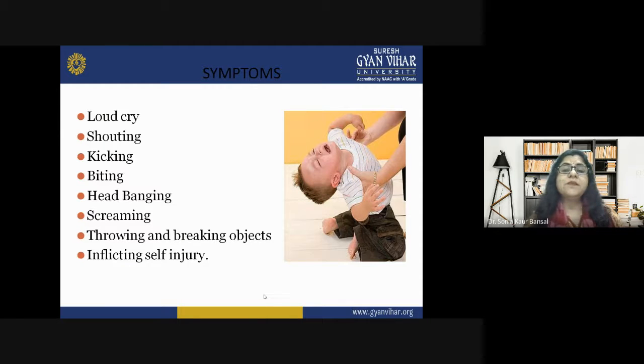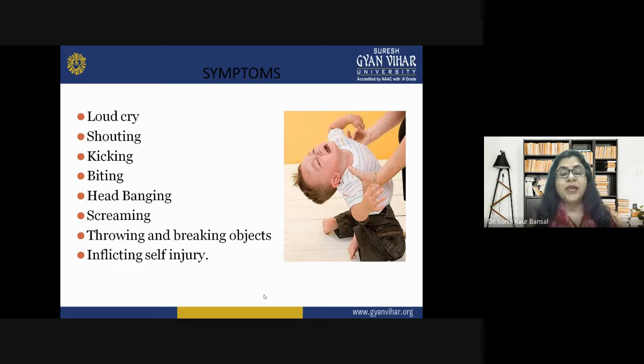Now, what can be the symptoms of temper tantrums? The child may be crying loudly, or always shouting when asked something, or kicking the objects of the home, or biting someone or something all the time, or head banging, banging the head against the wall or anything. Then screaming is another symptom of temper tantrum.